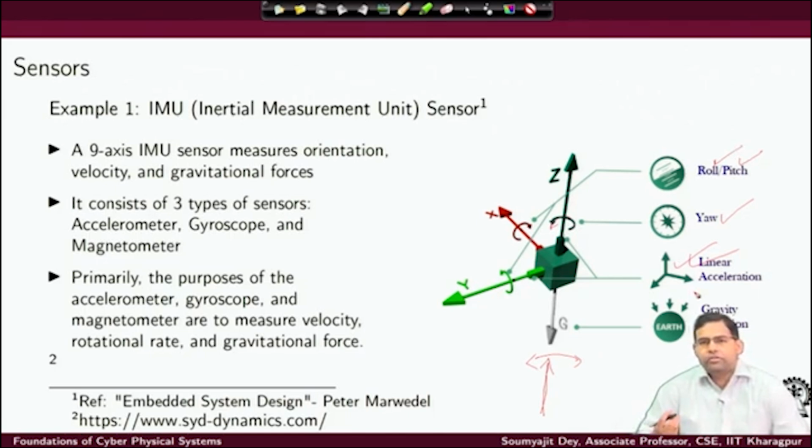It just talks about the rate of change of its position and speed in the x direction, y direction and the z direction, but that does not really define the complete orientation of the system. To change its position, the aircraft would also need to rotate around its z axis to go left and right with respect to the x axis. That is yaw, and similarly it can also rotate around the x axis, right.